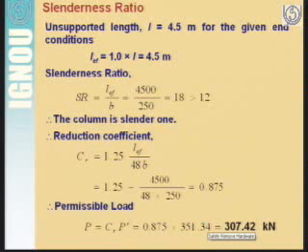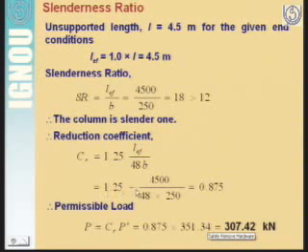So what we will do is apply the reduction coefficient to the permissible load, because for slender columns we apply this reduction coefficient on the permissible load. The formula given in the code is 1.25 minus L effective divided by 48B.